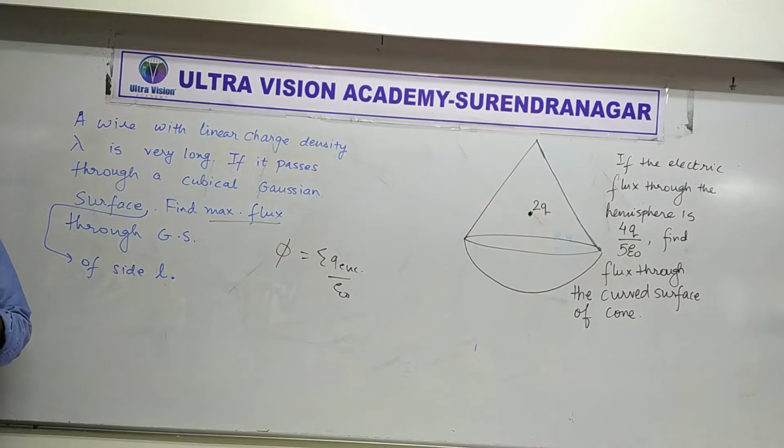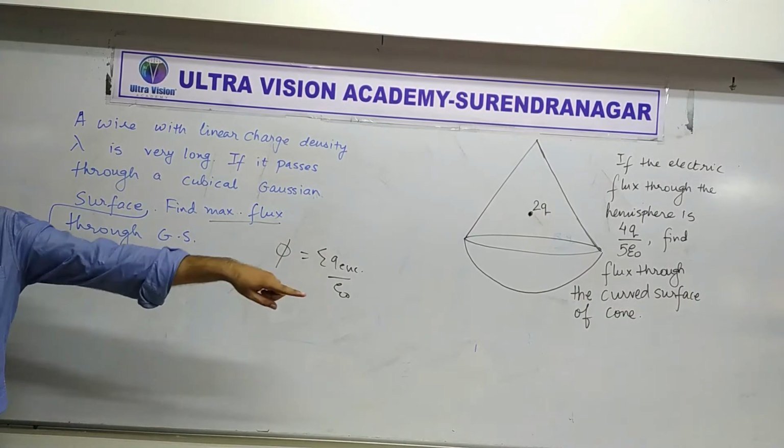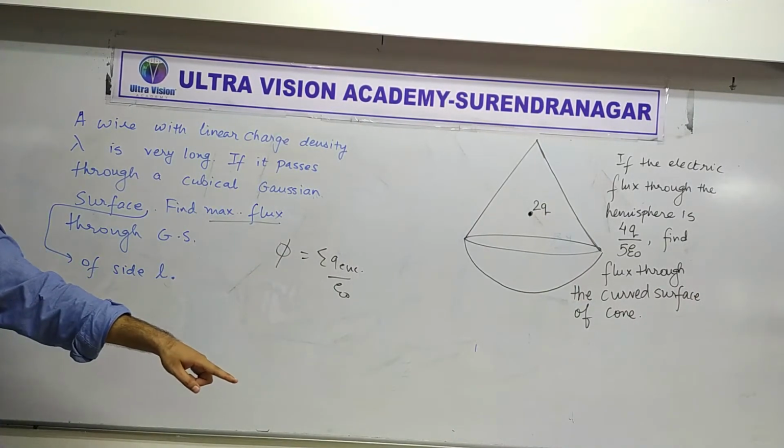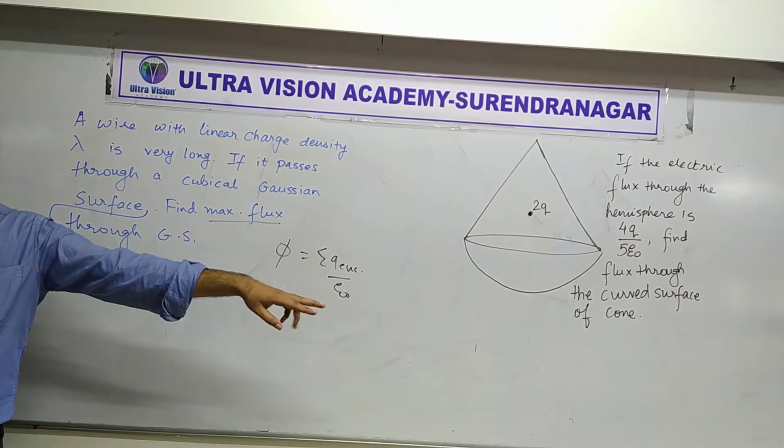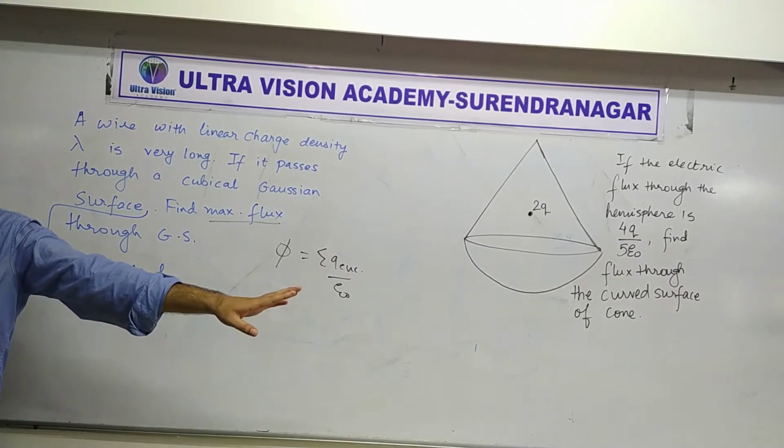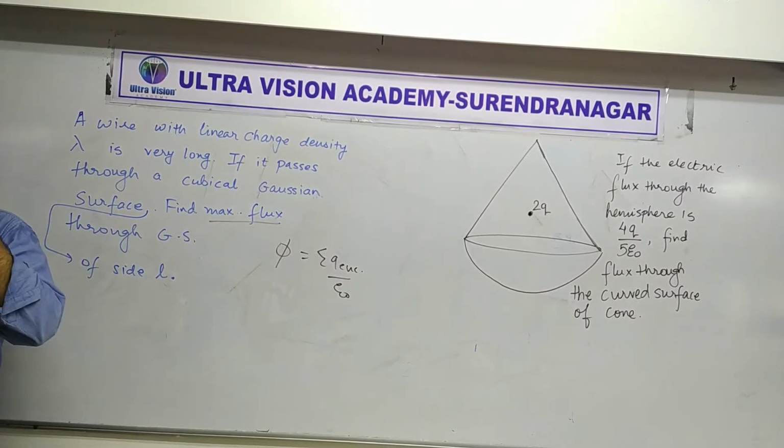Some of you thought we can put the wire from that end to this end, and the length of the wire inside will be L. But do you realize there is another way to put the wire so that the length inside the cube is longer? How should you put it?